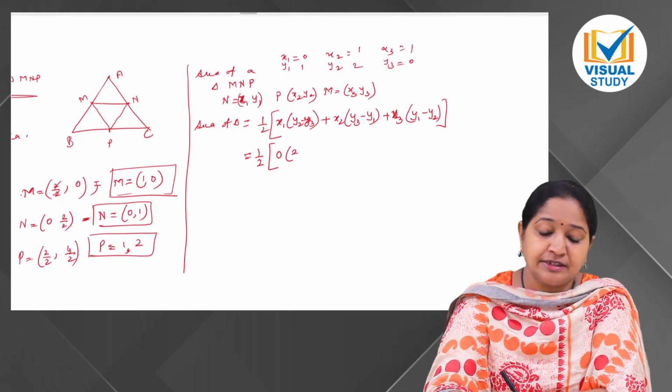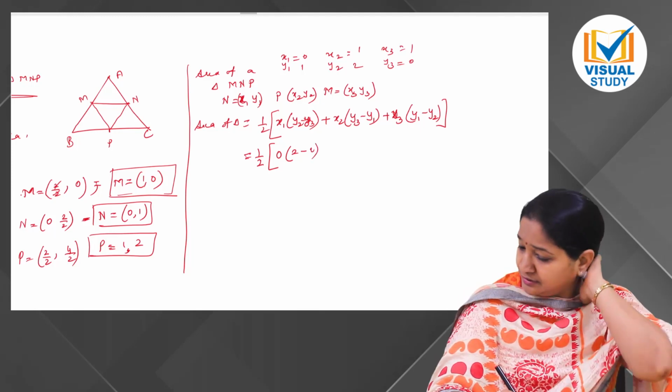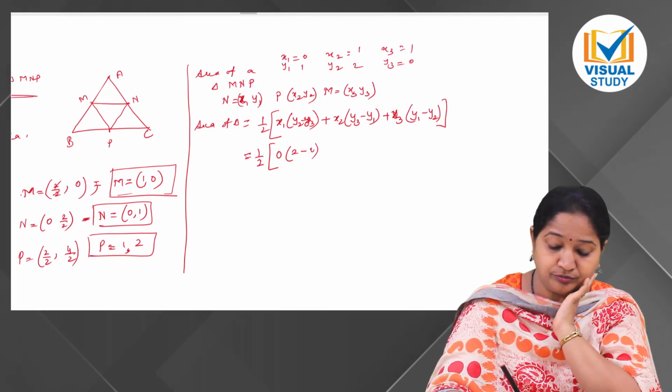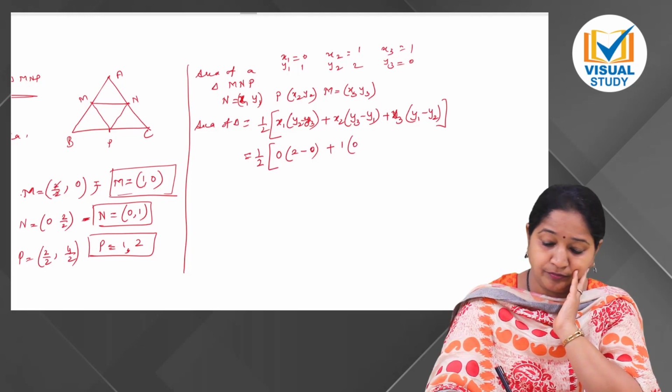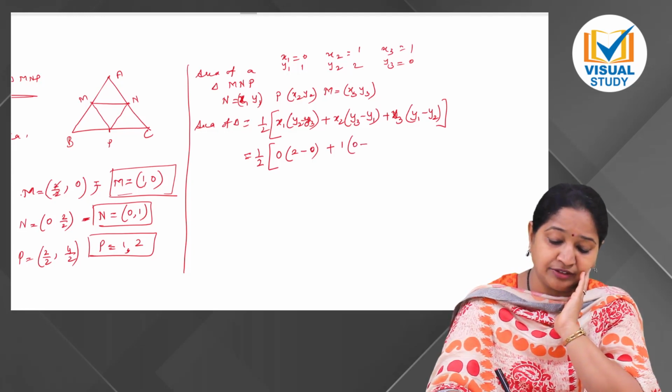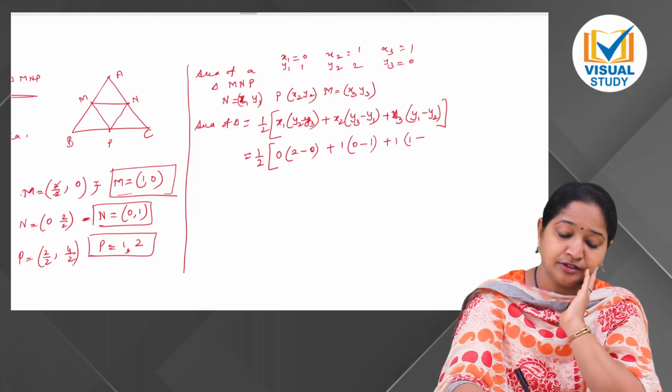So x1 is 0 into (y2 2 minus y3, which is 0), plus x2 which is 1 into (y3 is 0 minus y1 is 1), plus x3 which is 1 into (y1 is 1 minus y2 is 2).